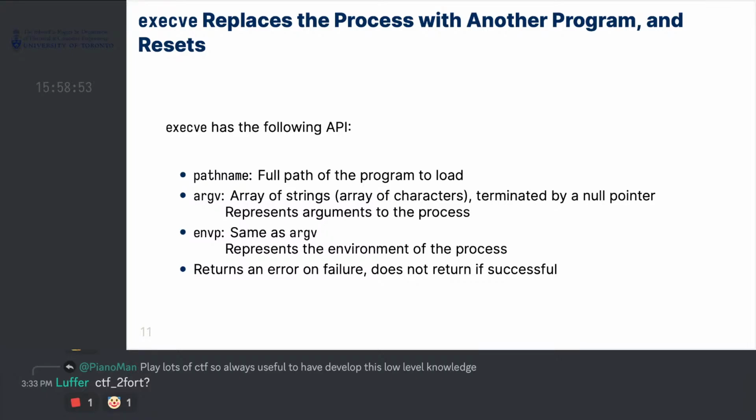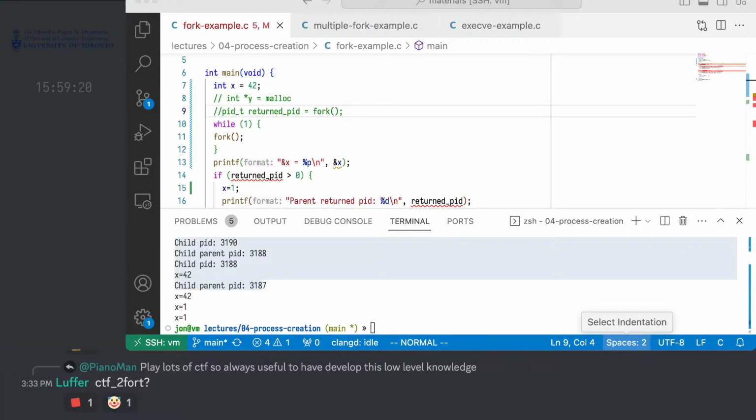This is its API. You have to give it the whole path of the program itself. Then argv, like what you get in C, in main, so you actually pass that. That's another thing your shell does, is convert what you type into that. Then it returns on error if there's a failure, and if it is successful, it starts running another program and never returns. We won't have enough time for that, so we'll go over it next lecture.